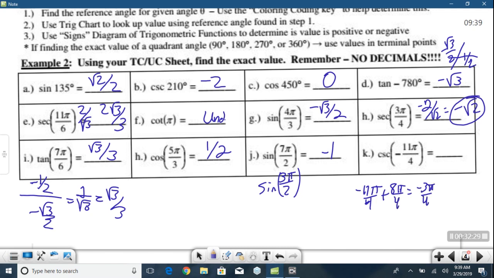Negative 3 pi over 4 plus 8 pi over 4 gets you a positive, so 5 pi over 4. Basically you add the 8 pi over 4 to get a positive angle. So it's 225 degrees.